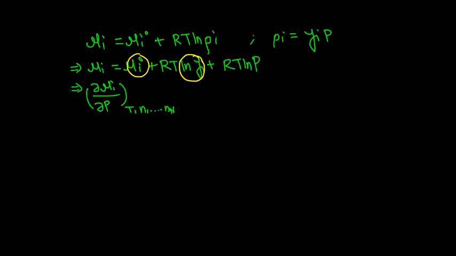But at the same time, Yi is not going to change because I am keeping N1, N2 and so on constant. Therefore, this derivative will also become 0, and I will simply have this quantity as RT over P. Okay, so del mu i by del P at constant T, N1 and so on equals RT by P.